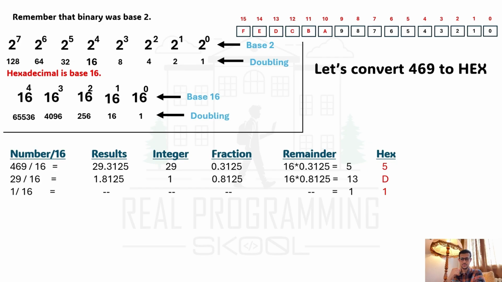We read it from bottom to up, from down to up: 1D5. So 469 in the base 10 decimal system is the same as 1D5 in base 16.